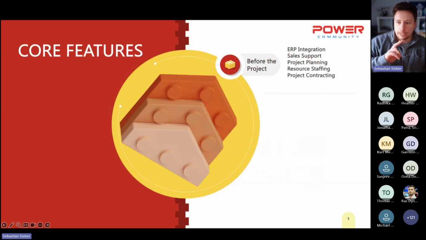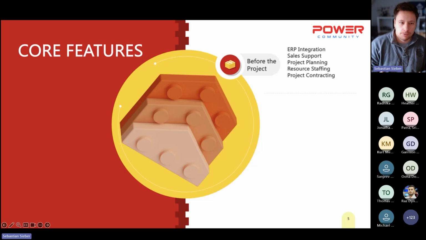So I put in three different categories: before the project, project execution, and after the project. Let's start with before the project. Before any project happens, what needs to be done? We are in the sales process, so we have covered the lead. We have seen it before in the demo, so we have the lead, we have the opportunity, and at some point I want to have support for the sales.